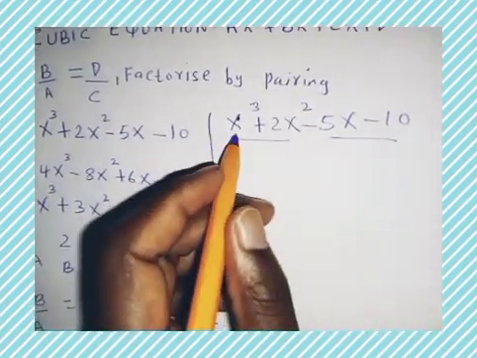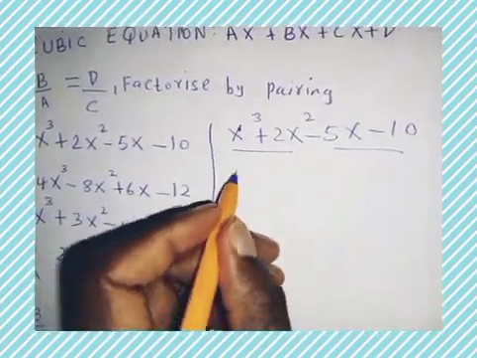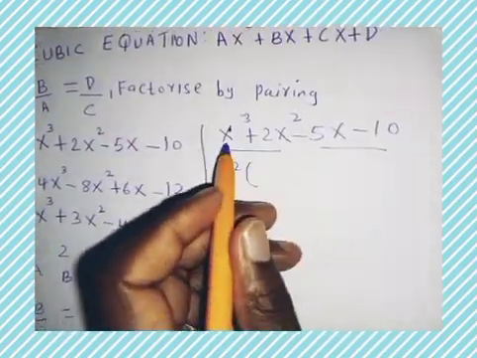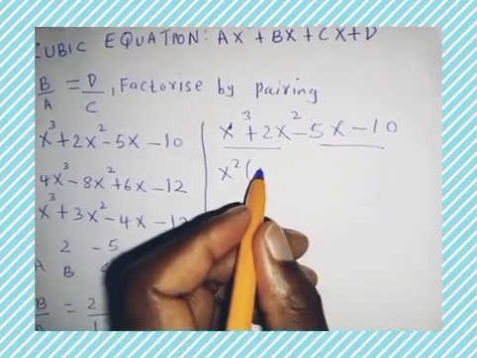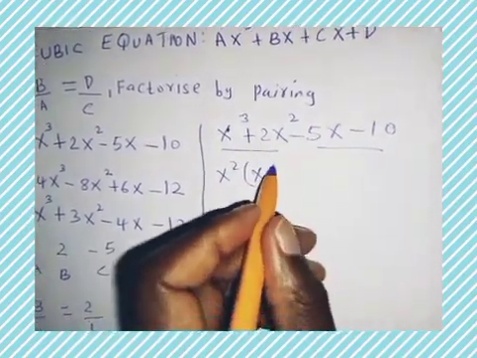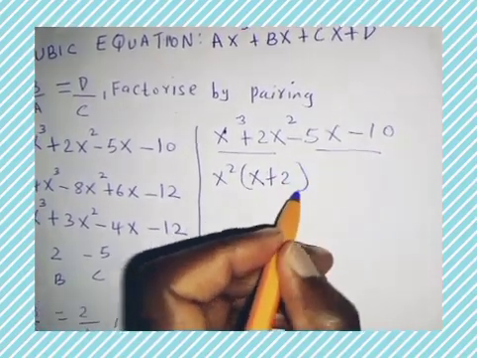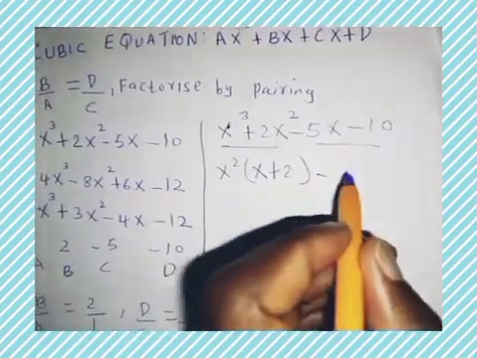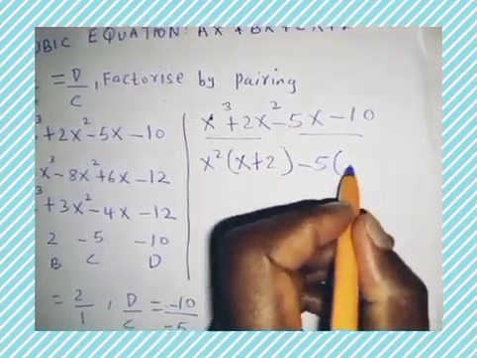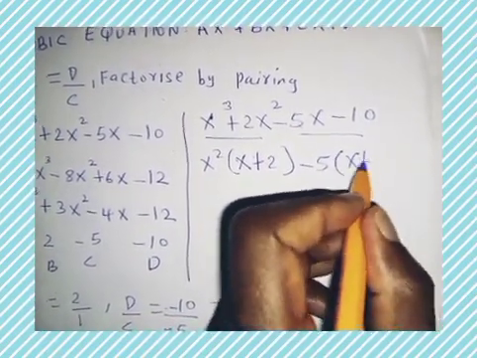In the first two, what is common is x squared. When we factor x squared out, we are left with x plus 2. Then in the last two, what is common is 5, so we are left with x plus 2.